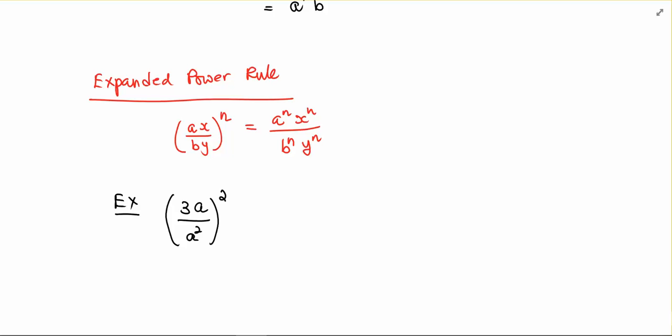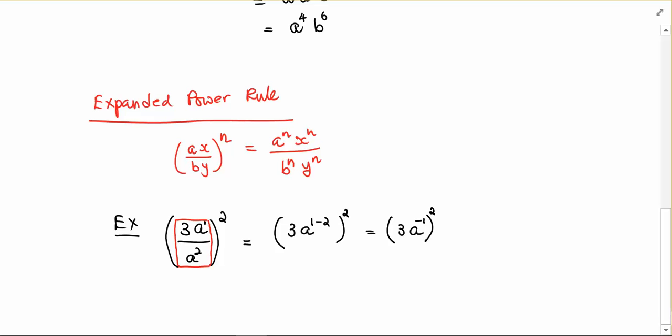Well, notice that if you follow the order of operations, remember the order of operations thing we started with, you want to work inside the group first. So inside that group, we would get 3a, this is the 1, remember, 1 minus 2, so that's going to be 3a to the minus 1. Don't forget the 2 on the outside. And now we can use the expanded power rule or the power rule for a product, doesn't matter which way you want to think about this.